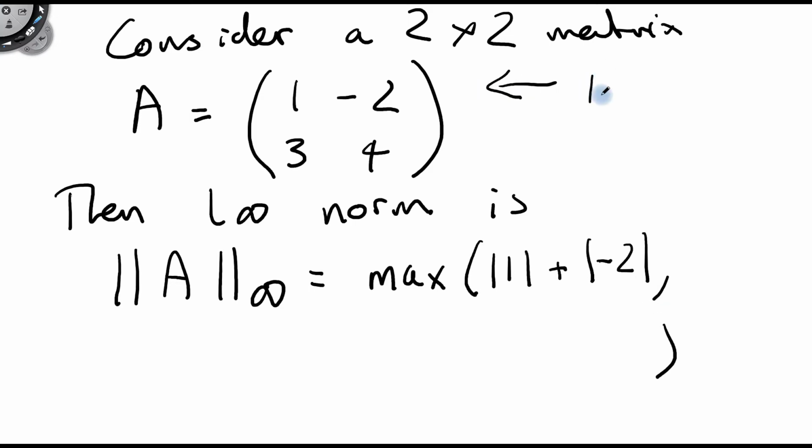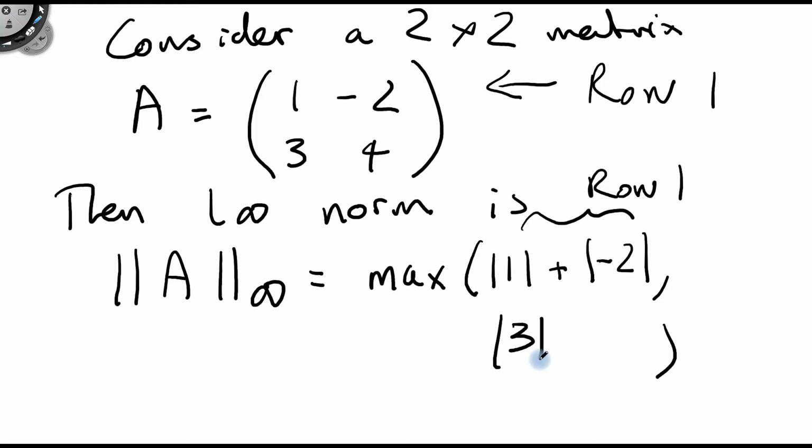That's row 1. So we're summing the absolute values along there and making those into a vector, and then summing row 2. So that's row 2.